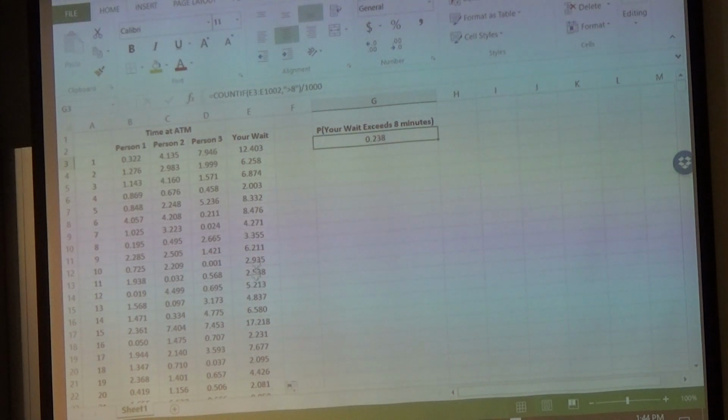I'm just going to count the number of times in this data set I see something over 8 minutes. And that frequency of occurrence translates into the probability my gamma distribution is greater than 8 minutes, the probability I had to wait greater than 8 minutes, and it's about 0.2. If you press F9 and get new samples, it'll fluctuate a bit, but it's around 0.2. So it's around 20% of the time that you have to wait more than 8 minutes.